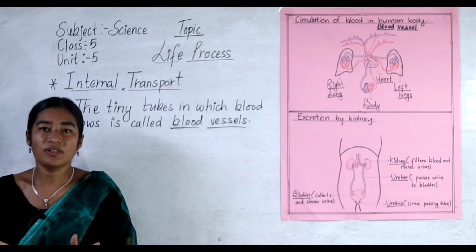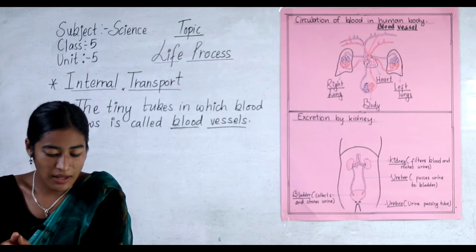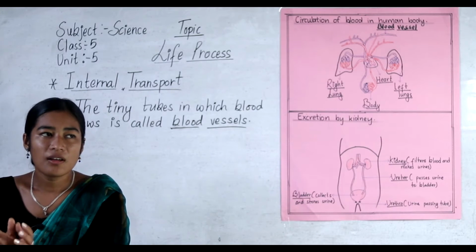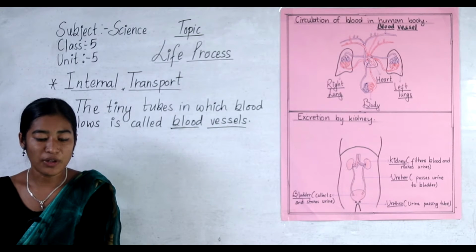So what are capillaries? The small hair-like tubes formed by the arteries are called capillaries. Capillaries spread out all over our body to deliver necessary things.